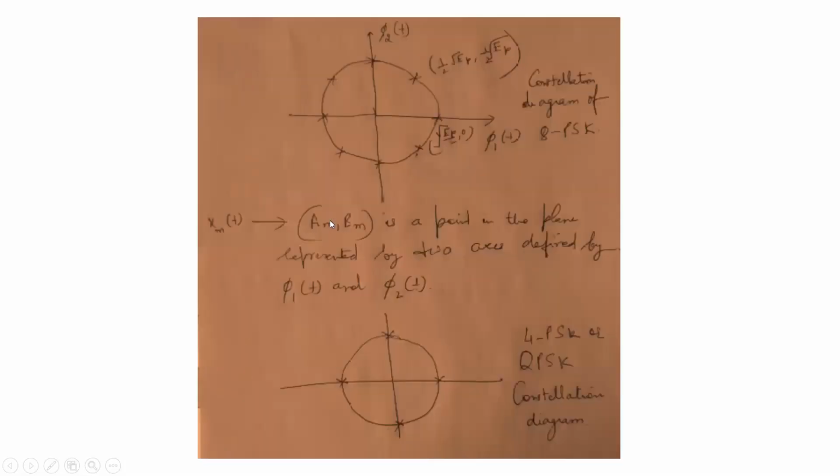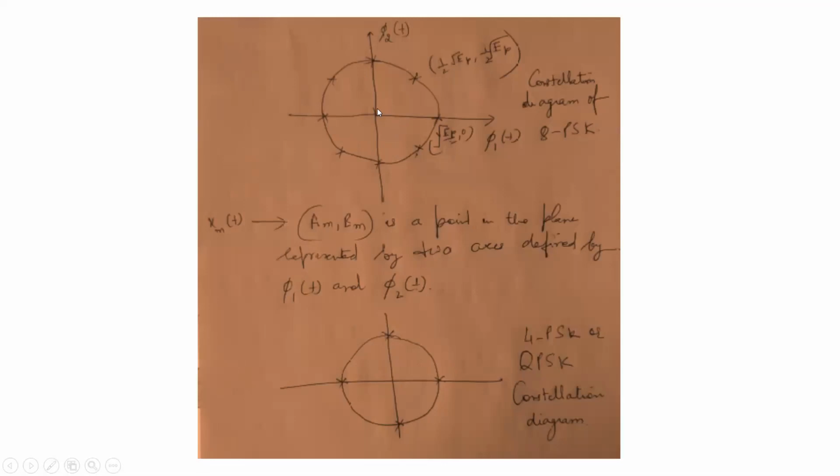If we want to prove two functions to be orthogonal to each other in the time domain, then we will have to do phi1(t) and the conjugate of the other function, which should be equal to 0. So what is the condition on these two basis functions? These have to be unit energy signals and they have to be orthogonal to each other.